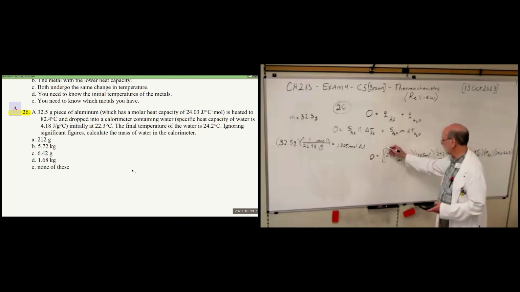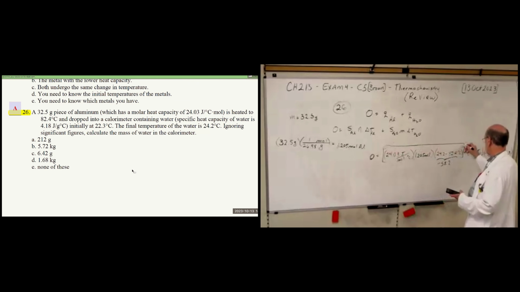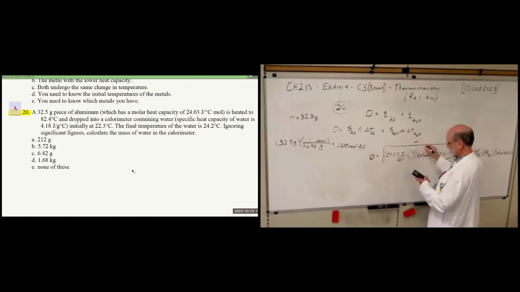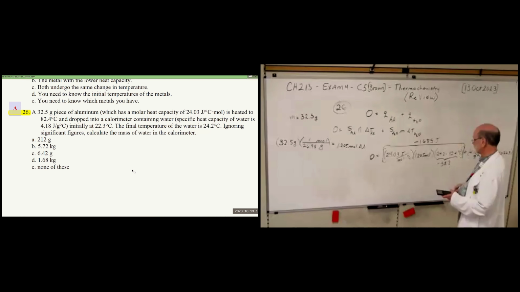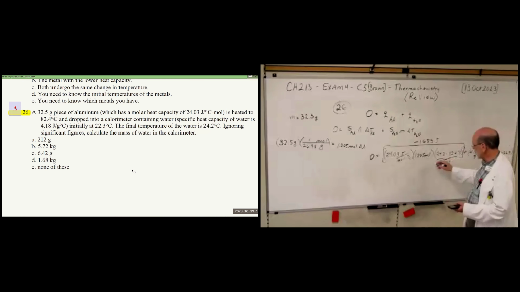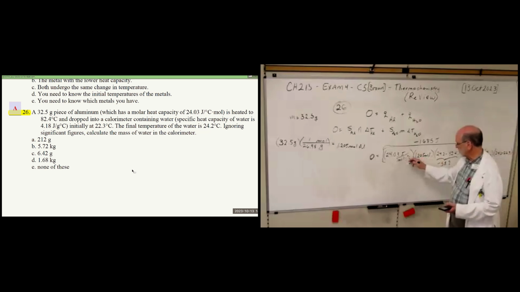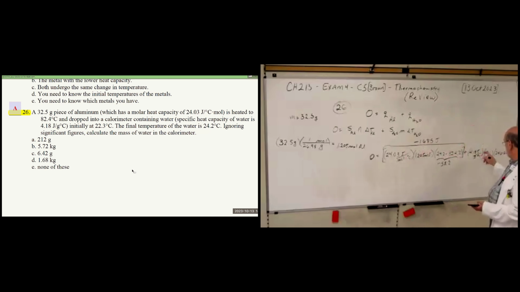So everything in this area is minus 1685 joules. Right? Because degrees C canceled, moles canceled. We're left with joules.